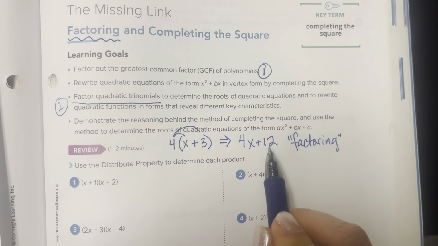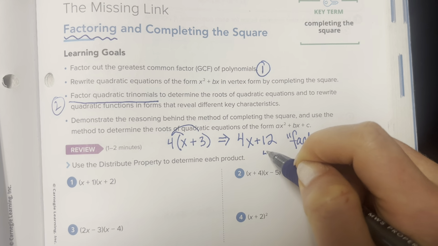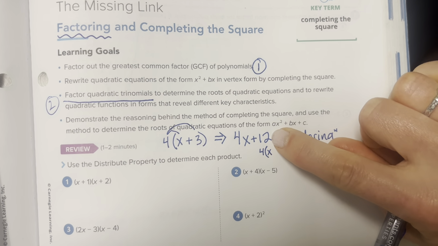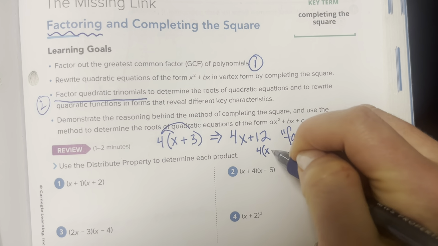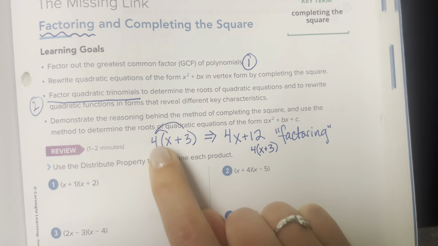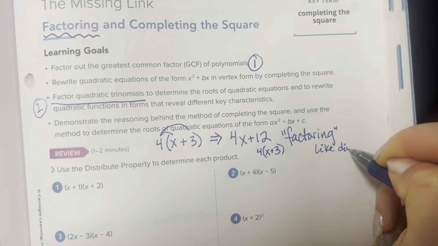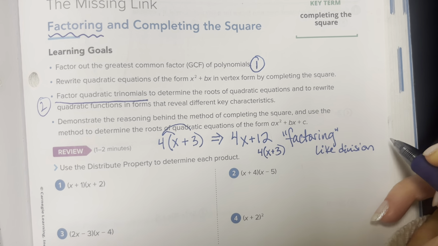So you'd say, oh, there's a 4. So if I undistributed it with a 4 in the front, this would have to be an x. And then what would the 12 have to be? 4 times what is 12? It's 3. So it's like division. If this is multiplication, factoring is like division. Or going backwards, however you would like to think about it.